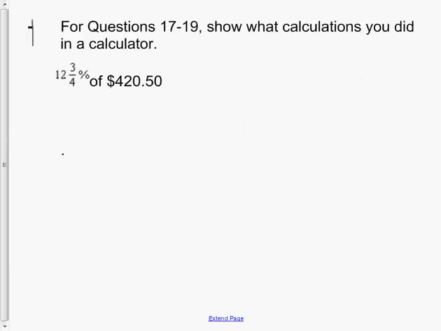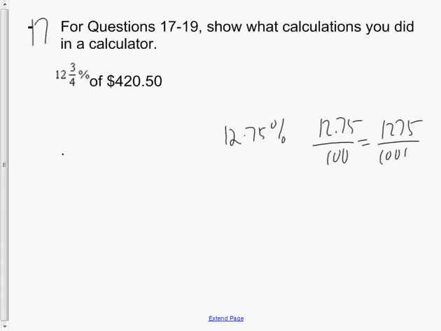The next question, which is question 17, says 12 3/4% using a calculator. So 12 3/4% as a decimal is that. As a fraction is this. As a better fraction is this, and therefore as a decimal is this. So 12 3/4% as a decimal is this.